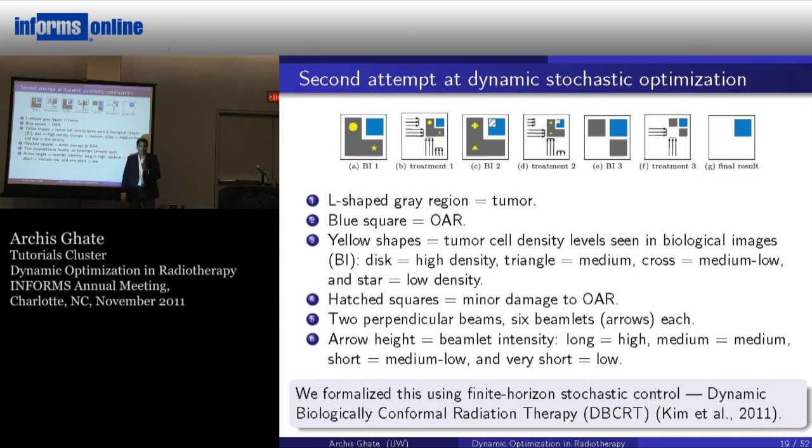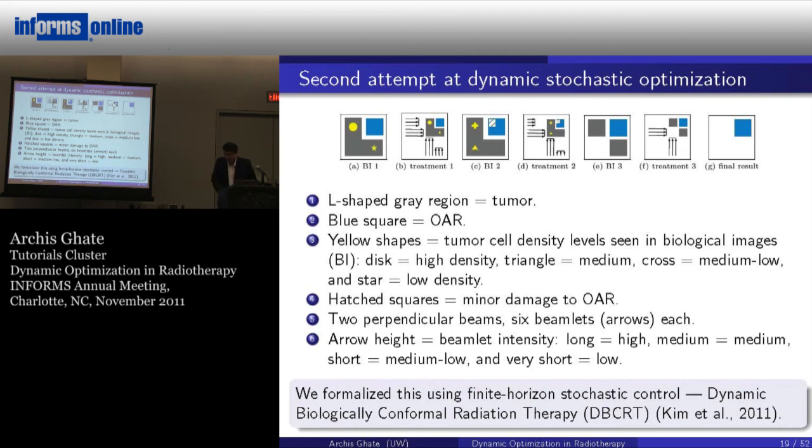That would be a simple way, or kind of a heuristic, to solve this. But that's not really what I want to do. I want to completely integrate this whole thing so that I have a stochastic control, stochastic dynamic programming problem, which has this temporal as well as spatial component embedded in it, okay?